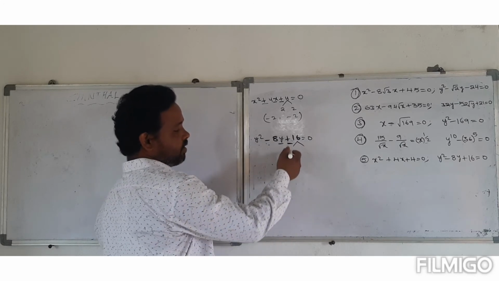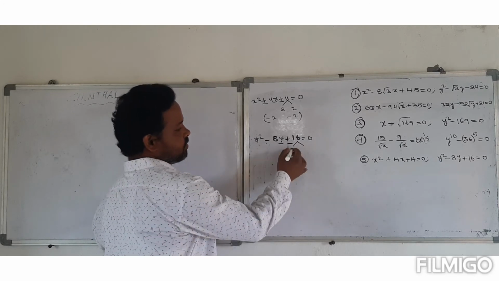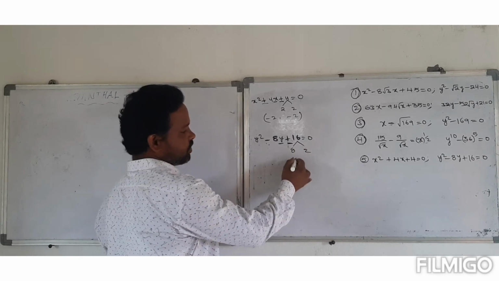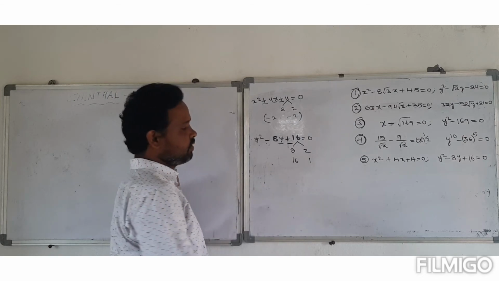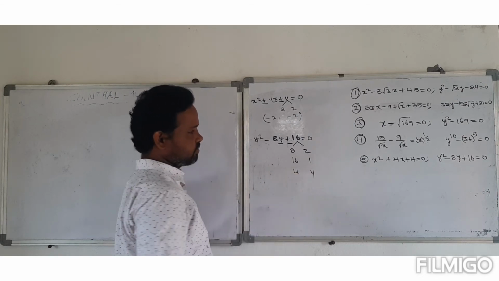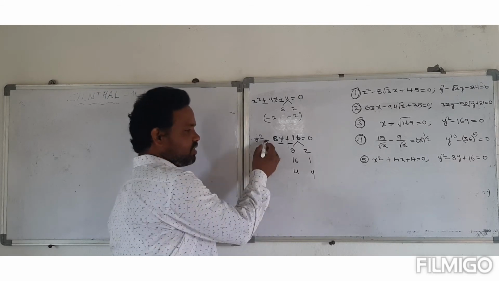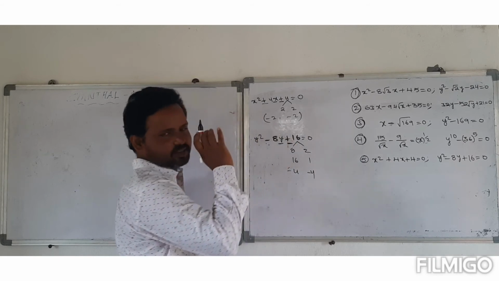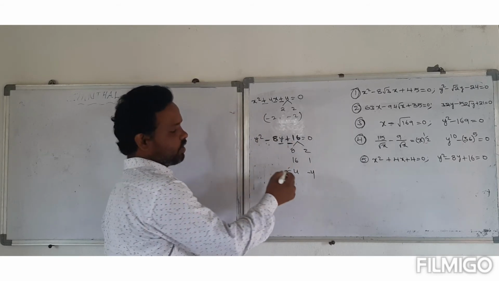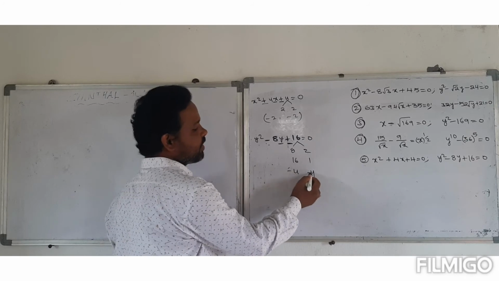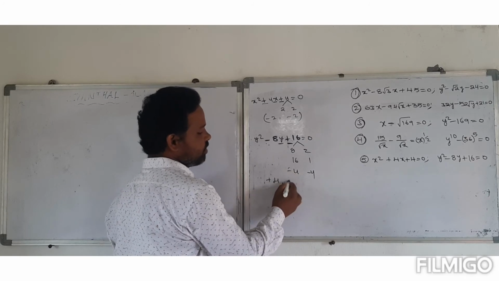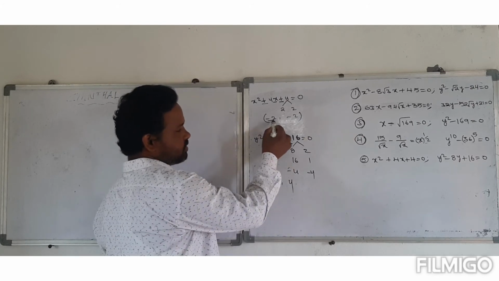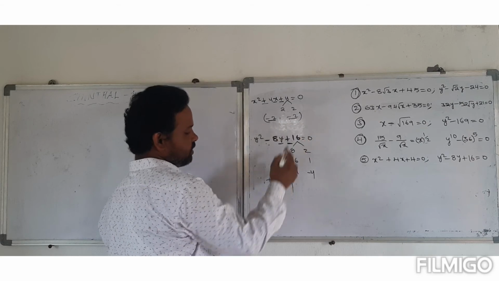How can we factorize that? 16 means 4 into 4. Now minus is here, that's why minus 4 and minus 4. Minus into minus is plus. That's why our roots are minus 4 comma minus 4, it means plus 4 comma plus 4. Here minus 2 and minus 2 is here.